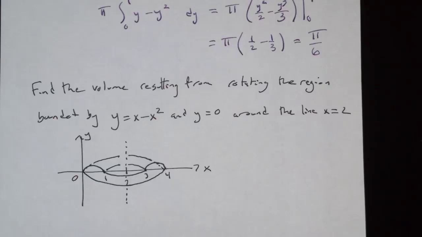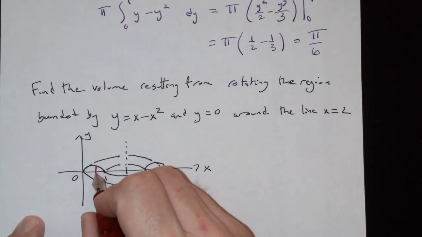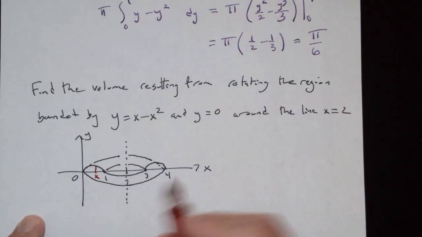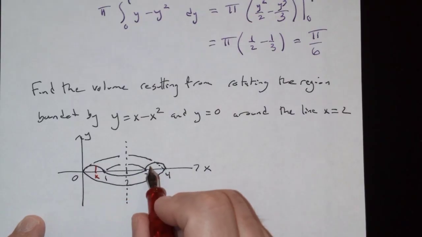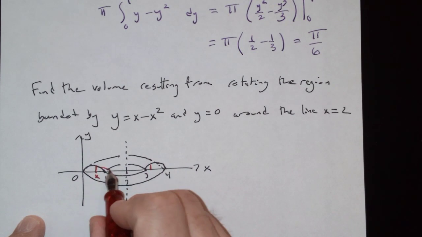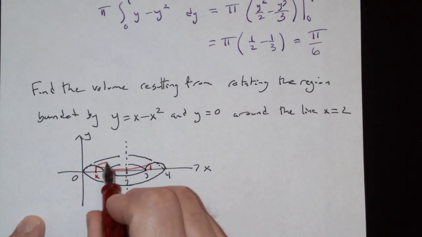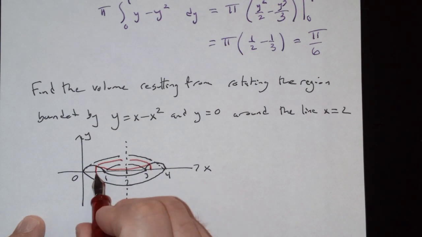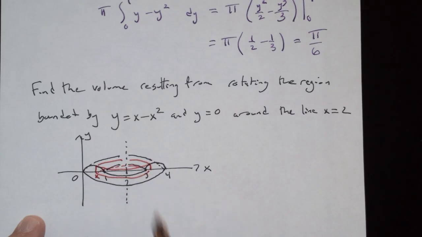I take a piece in the original part of the curve that's over here, take a stick at some x value, and spin it around. And I get my little standing ring.